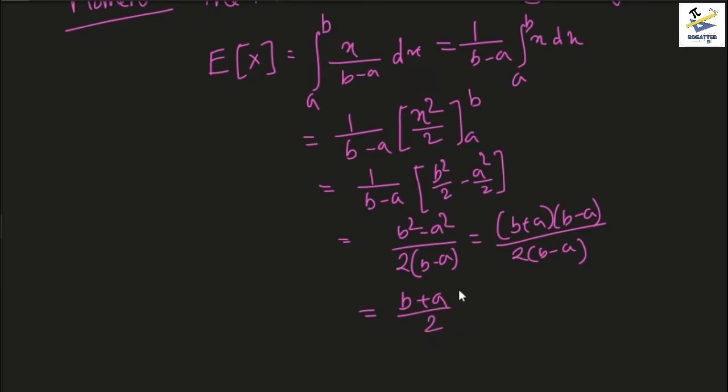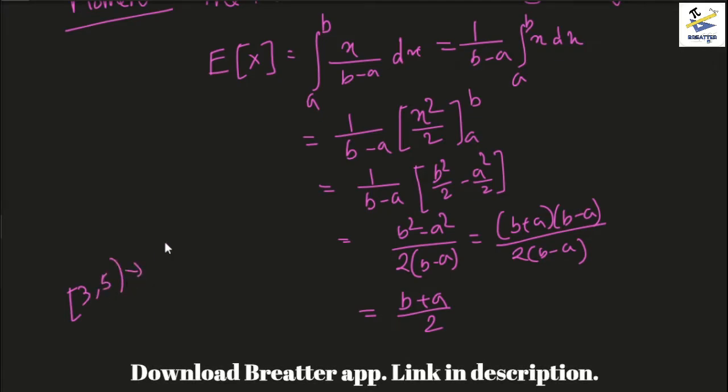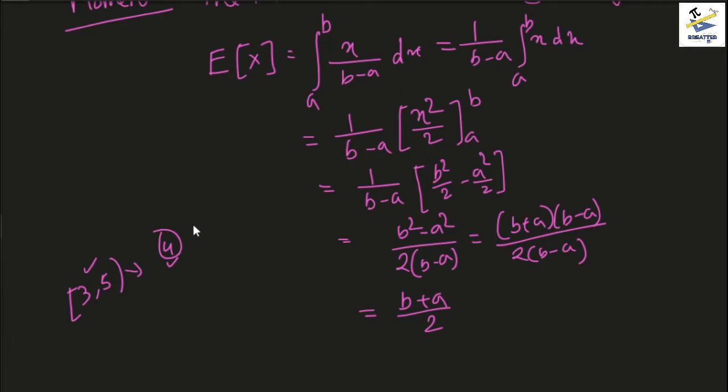So you see the mean value for a uniform distribution, as you would expect, and you understand why we call it an average as well, is basically the midpoint of the interval, right? So for example, if you had the interval 3 to 5, the mean of this interval would be 4, which lies exactly in between 3 and 5, because (3 plus 5) by 2 is 4. So for a uniform distribution, this remains as one would expect it to be.